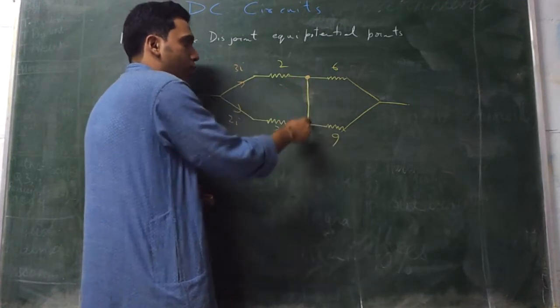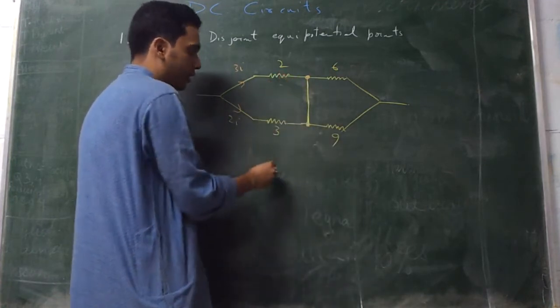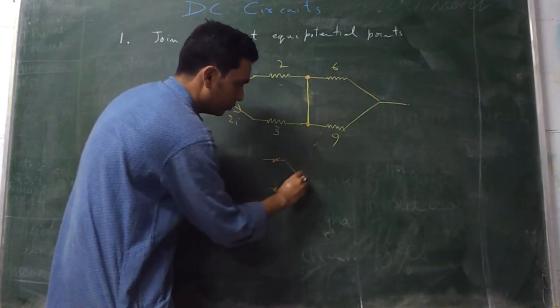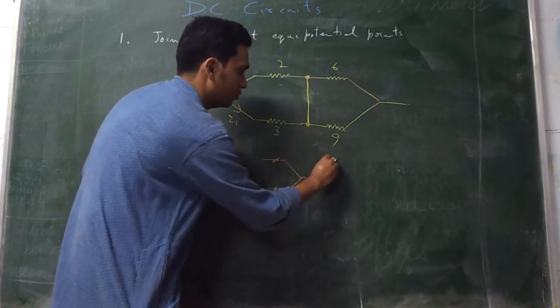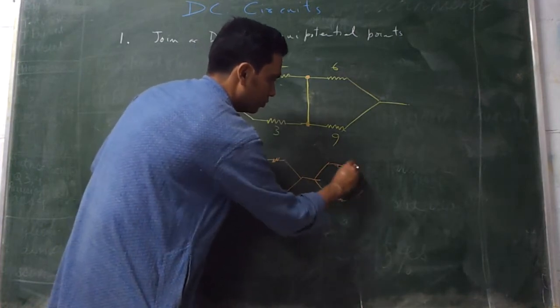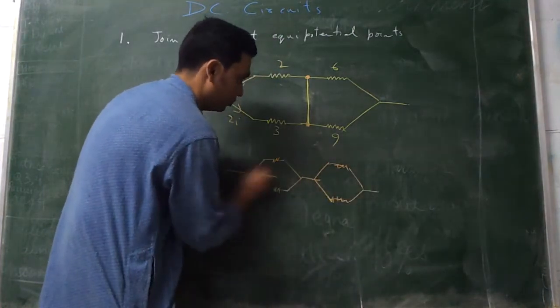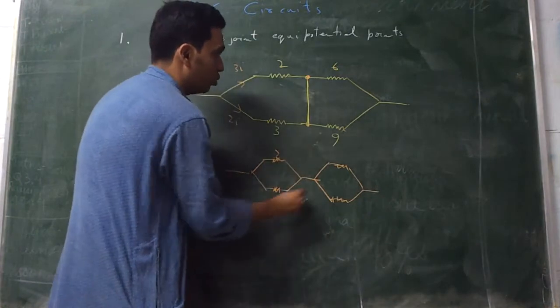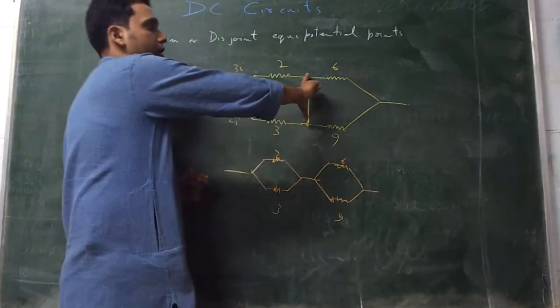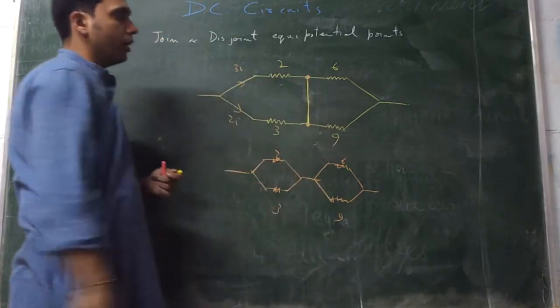Hence either you join it and make this circuit as this circuit, 2, 3, 6, 9. This circuit is same as this circuit because you can make a long wire short and it will look like this.